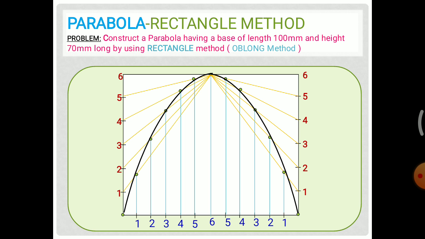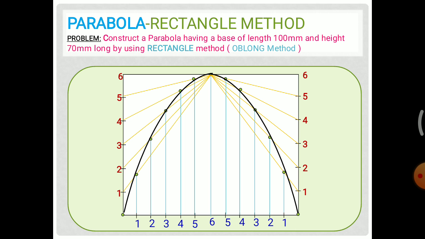Here in this problem I have taken 6 equal parts. The same number of equal parts are divided on the horizontal line also, on the left side and right side. 6 is the midpoint of the vertical line.